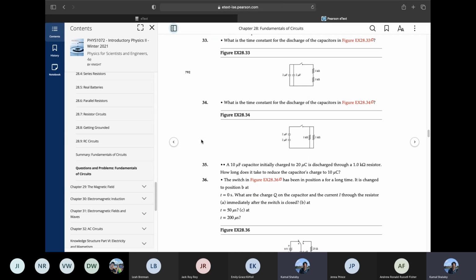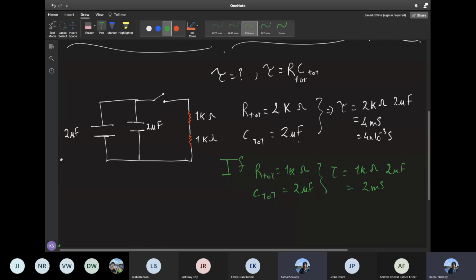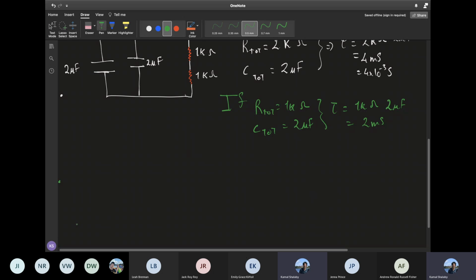Moving on to 34. It's just the same thing. Now you do have your resistors in parallel and your capacitors in series. So just doing that really quick.